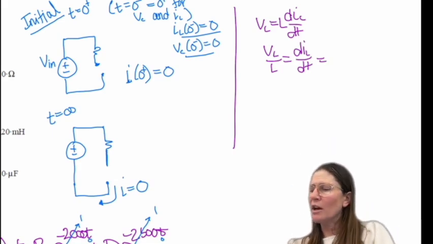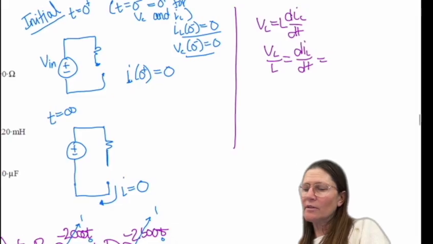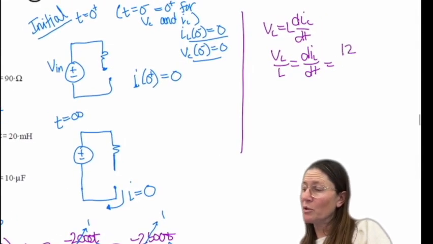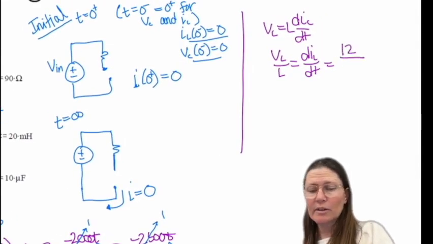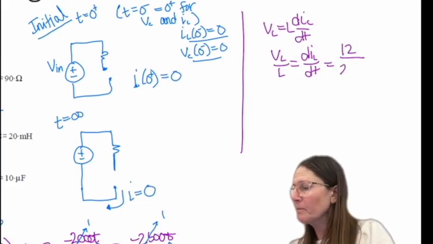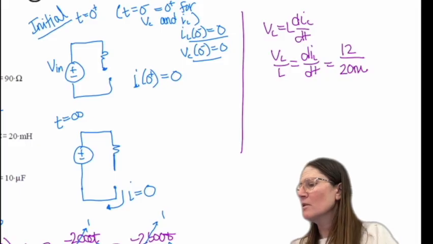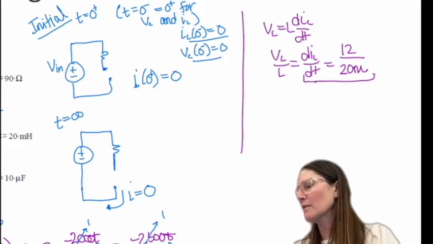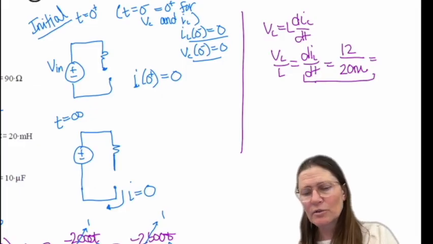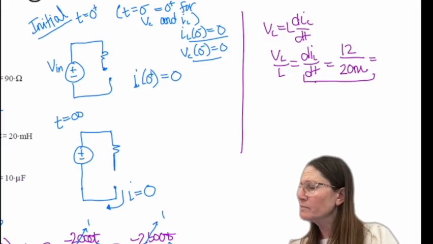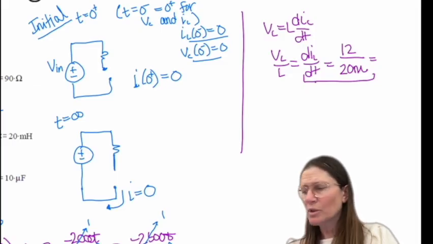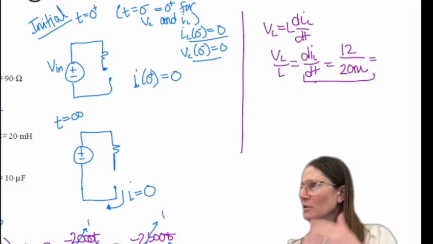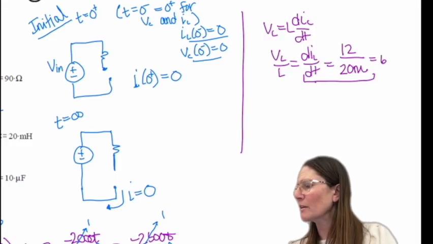And so VL in this case is 12 from the voltage, and L is given as 20 milli. So we can use this to find the other initial condition, and so this ends up being 600. 12 divided by 20 milli, that comes to 600.